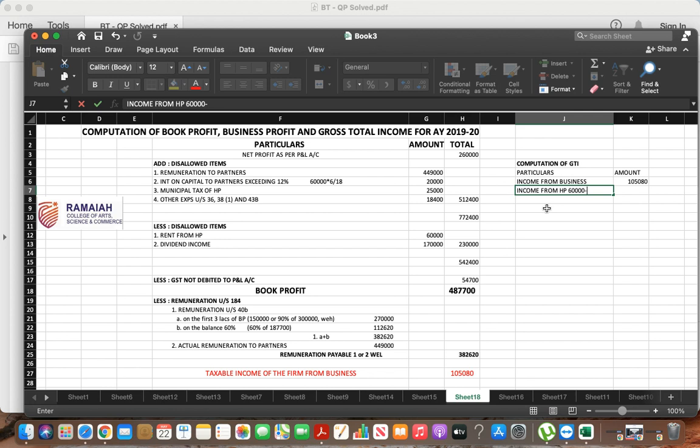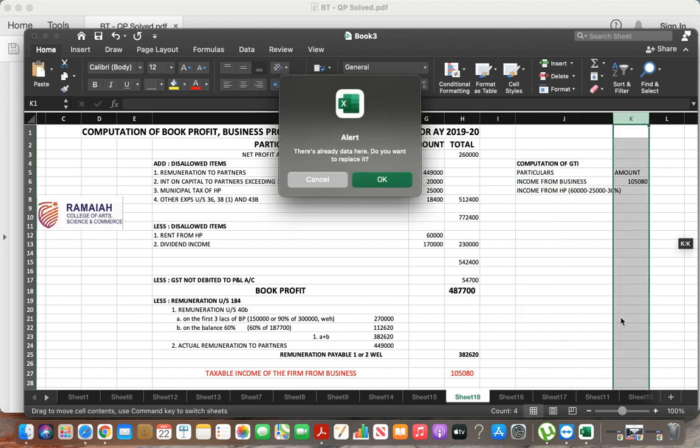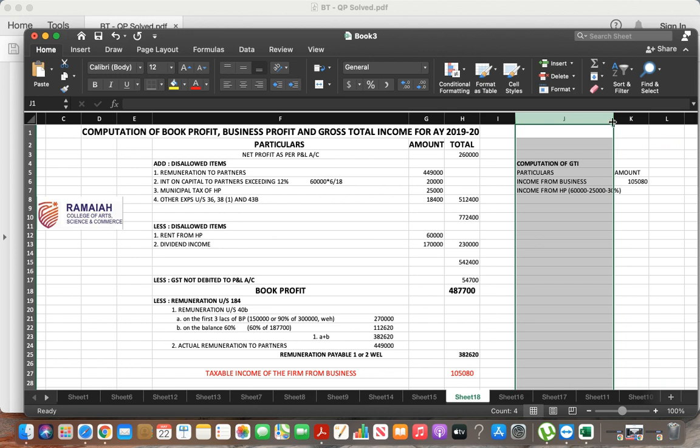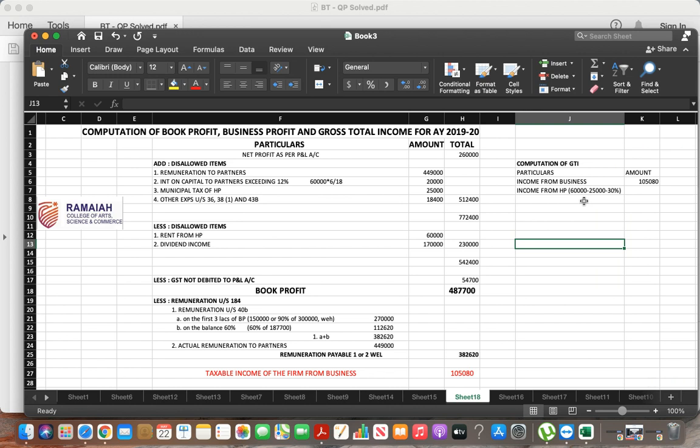So that should be deducted as well. 25,000 and then minus 30%. So 60,000 minus 25,000, answer will be 35,000. Correct? And in the 35,000, deduct 30%. So answer will be 24,500.